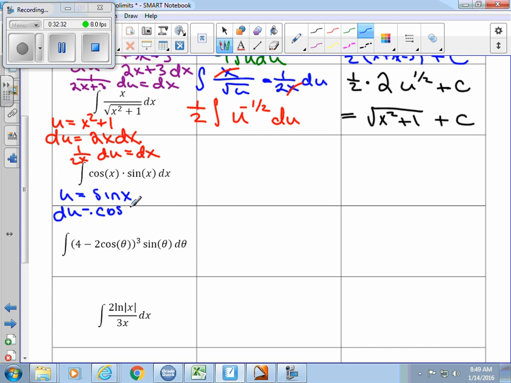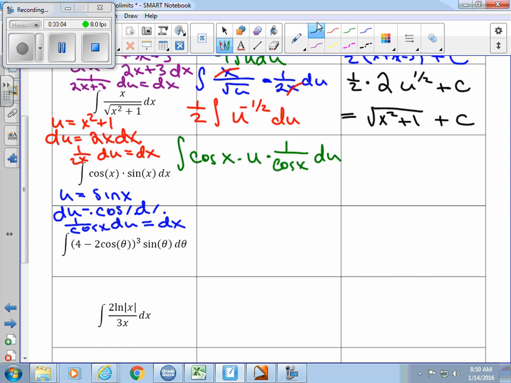du is cosine of x dx. So 1 over cosine of x du is dx. So I can rewrite my integral to be the integral of cosine of x times u times 1 over cosine of x du.